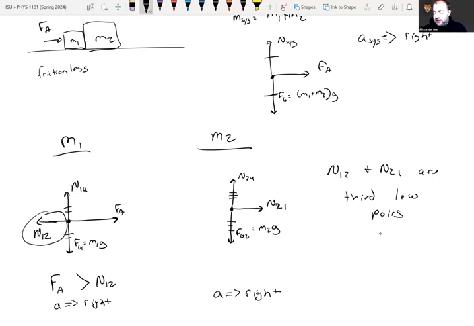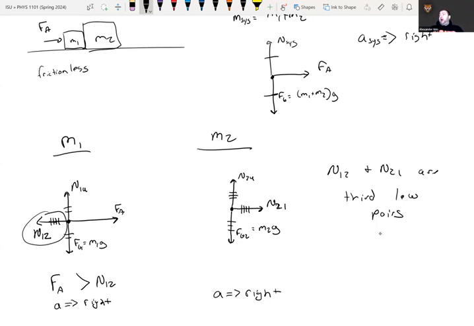That automatically makes it an acceleration to the right, because there's nothing on the left. We don't have any friction here. And the last thing we can do is put these equivalence lines. N1-2 is equivalent to N2-1, at least in length. They are in opposite directions, but they are equivalent in length.